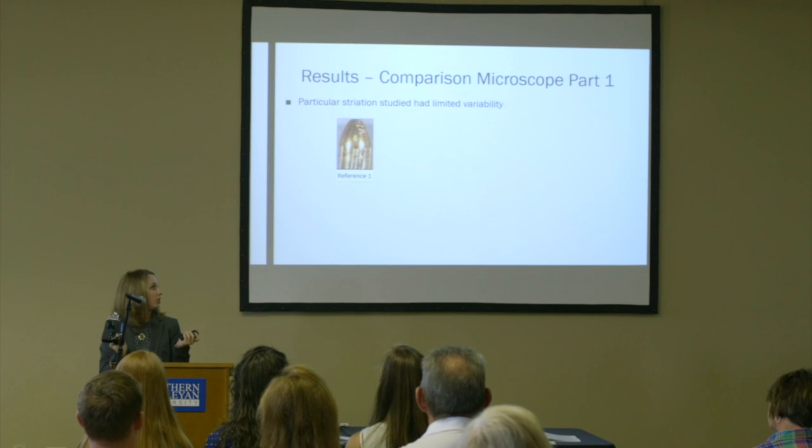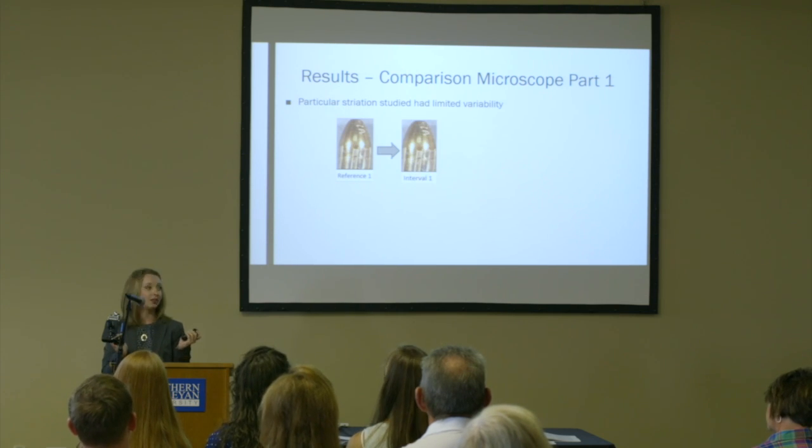So now the results from the first part of our research from the comparison microscope. The first part of our results came from when the gun was cleaned. And when the gun was cleaned, this showed that the striations were consistent. There was not much change between the striations. So for example, we took reference 1 and compared it to interval 1, and those striations matched.